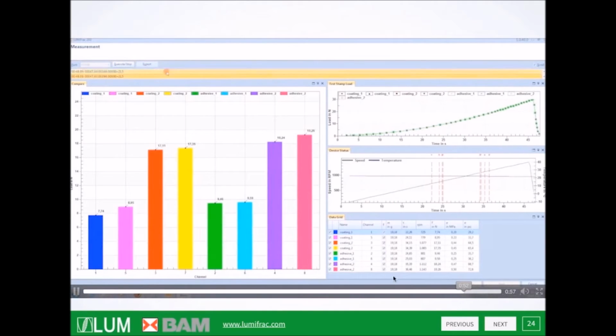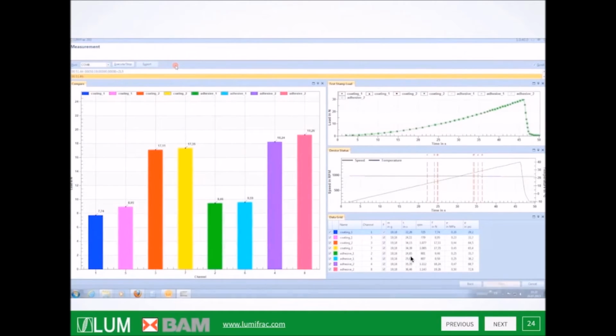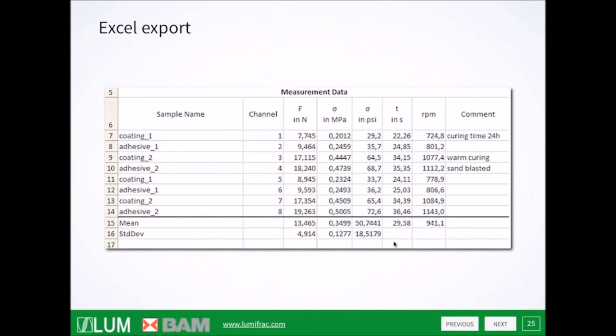You have the data also already here in the table, and this data can be easily exported into Excel, and then you can do some additional analysis. If you have the same type of samples everywhere, you also get immediately the mean and the standard deviation of the experiment.